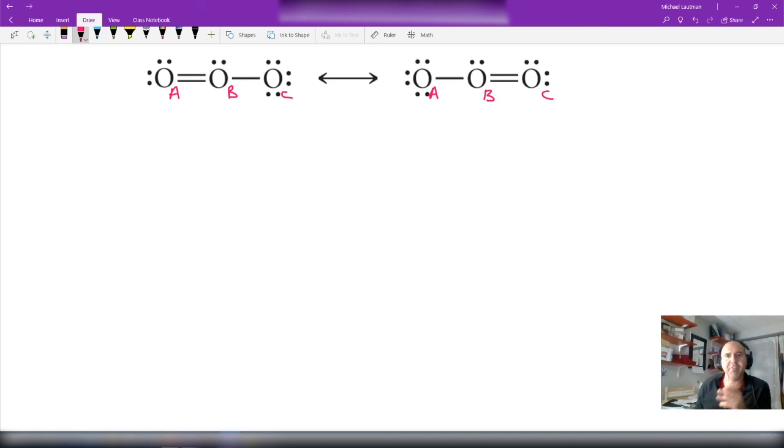But if I had to evaluate these Lewis diagrams, let's call this one number 1, and this is number 2. Am I able to say that one is better according to the rules of Lewis diagrams than the other?